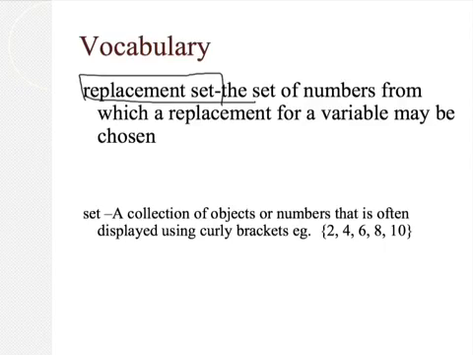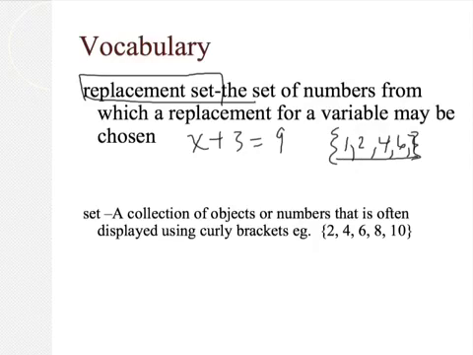Sometimes you'll be given a problem, let's say x plus 3 is equal to 9, and it'll say to use numbers in the replacement set to see which one works. You might get numbers 1, 2, 4, 6, 7, and you're supposed to try all of these. This will be the replacement set, the numbers that you're allowed to replace for x. Not really a big deal.